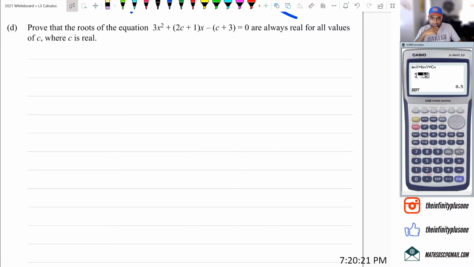So we're just revisiting some old papers. Yeah, it is a discriminant question, but it's a weird discriminant question.